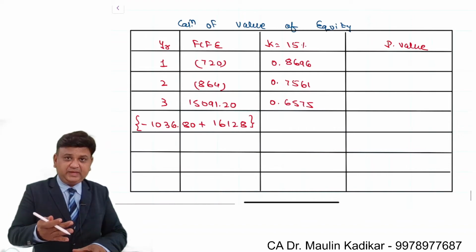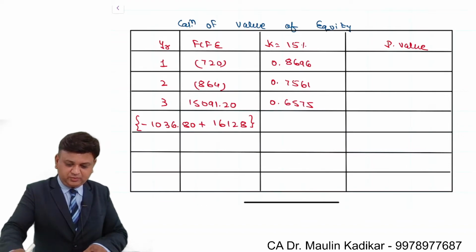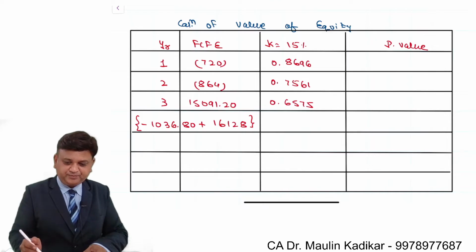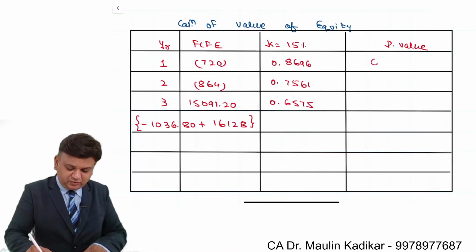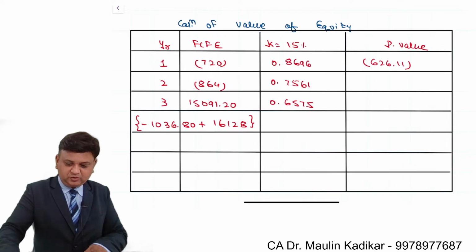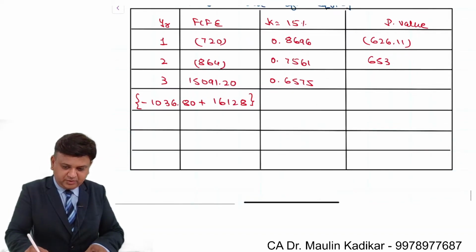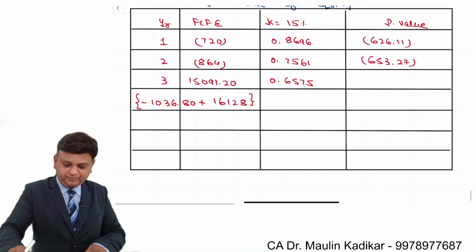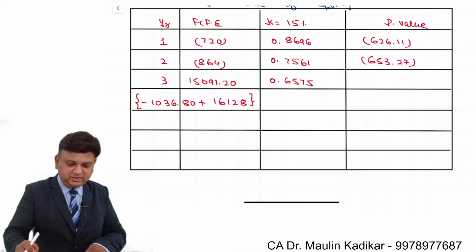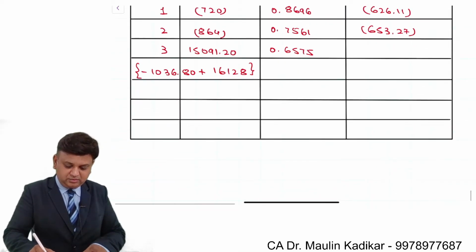Now based on that, we will make the calculation. 720 into 0.8696, so 626.11 outflow. 864 into 0.7561, so there is again cash outflow of 653.27. 15091.2 into 0.6575, that is cash inflow, 9922.46.